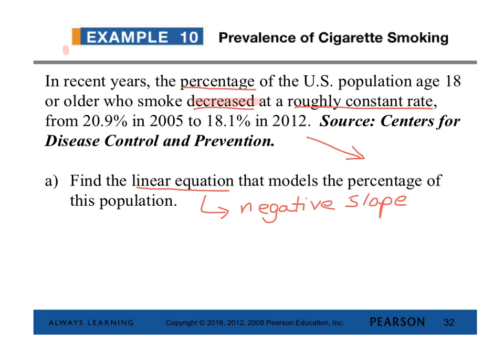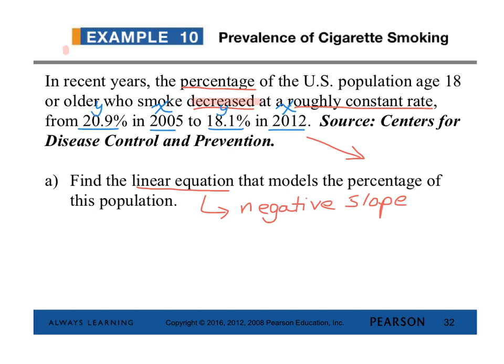The next thing I want to think about is how am I going to get any points for this? Well, the percentage decreased over the course of the years. So the amount of actual decrease is going to depend on what year it is. That tells me that this is the x values of my points, and that the percentage is my y values.